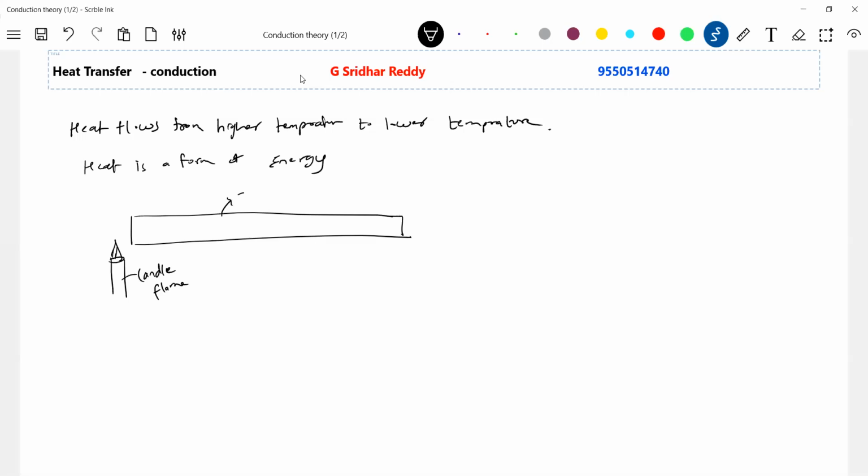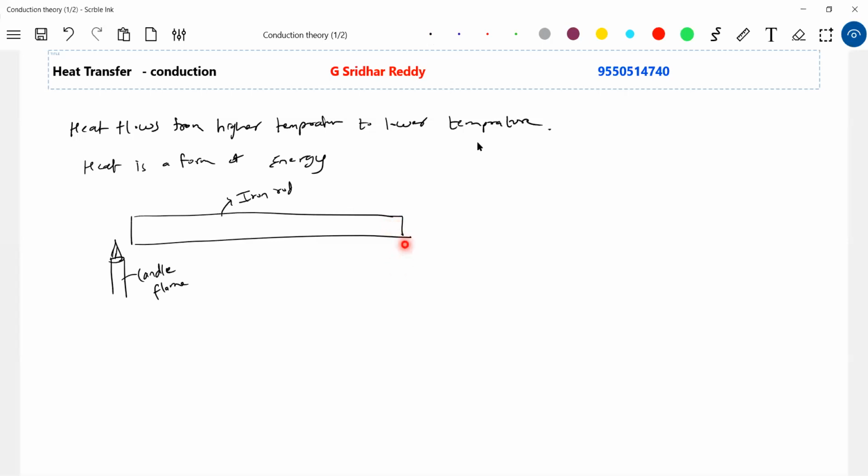Initially the candle flame is kept here, and the rod will be at room temperature. You can touch wherever you want. After some time, if you touch this end also, this will be hot, no? After some time, this end will also be hot.